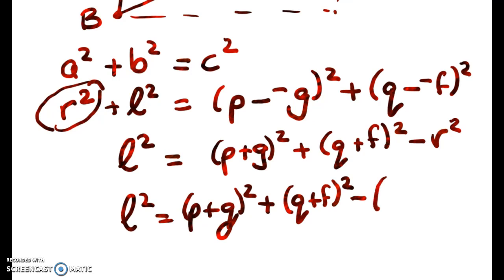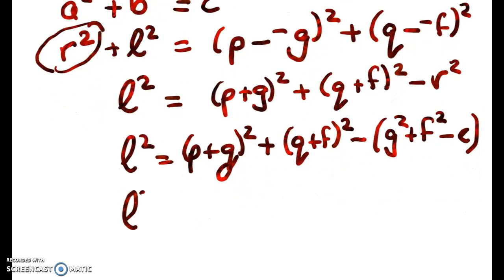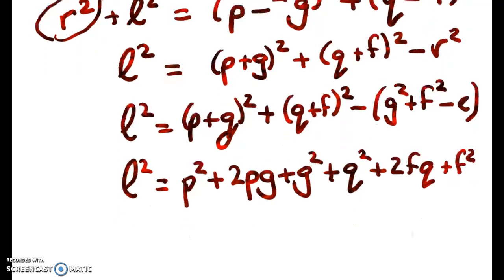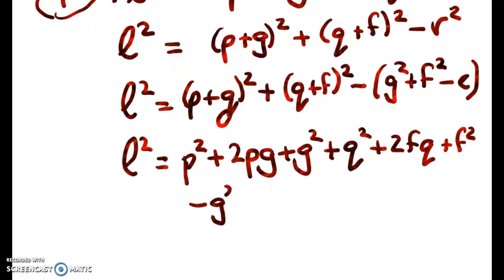Now, what was R squared? Well, R squared was the right-hand side of my circle equation. So G squared plus F squared minus C. So you can see that we're getting very close to the end of the problem. All I have to do now is to expand out all of those brackets. And lots of stuff disappears.